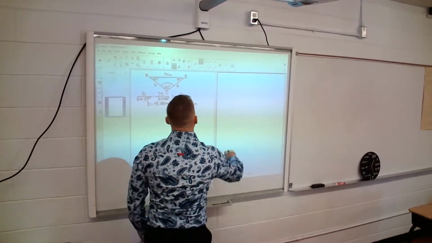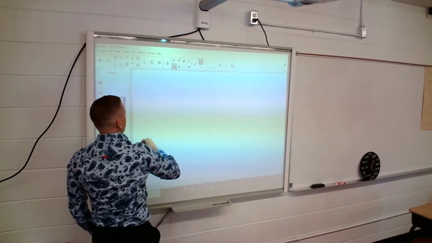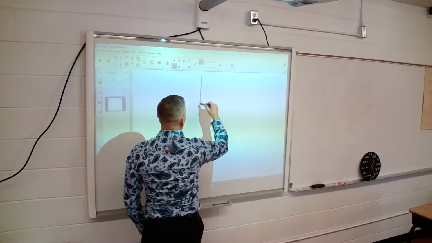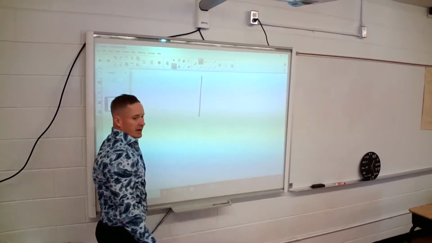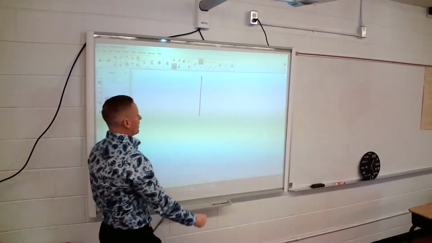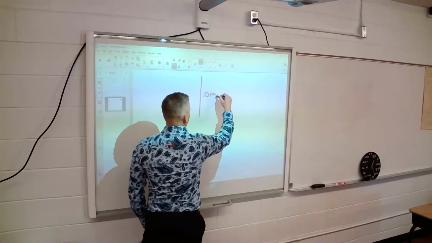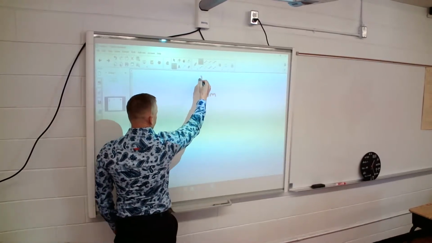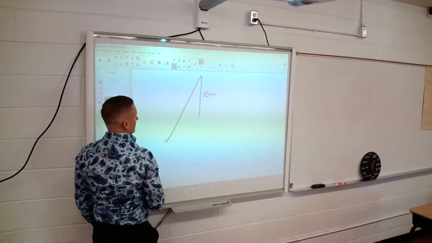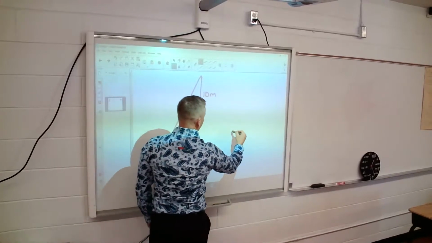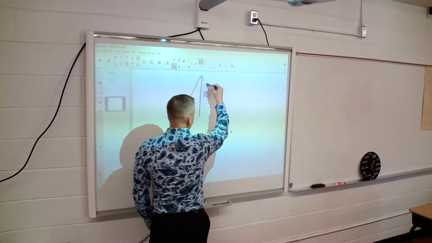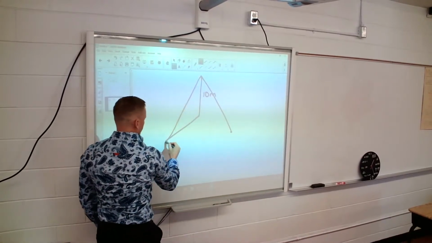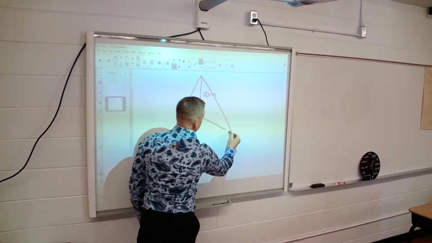Okay, so this particular question is where you're going to have to do some thinking. All right. So here's my tower right here. Tower is 10 meters high. Tent number 1 over here. Okay. Tent number 2 over here. From the base, looks like that.